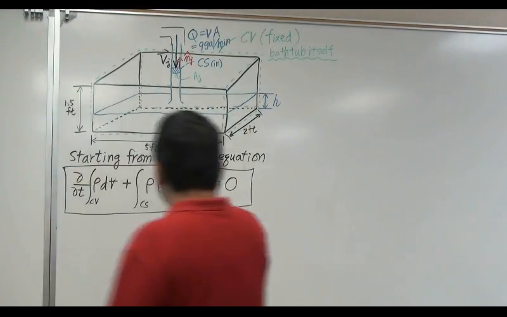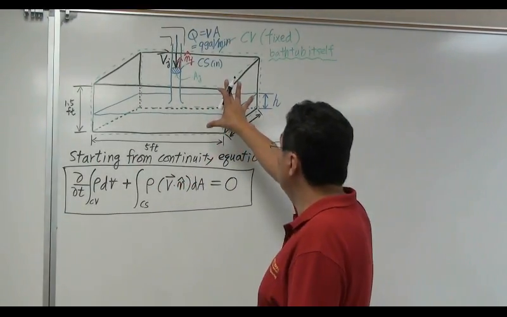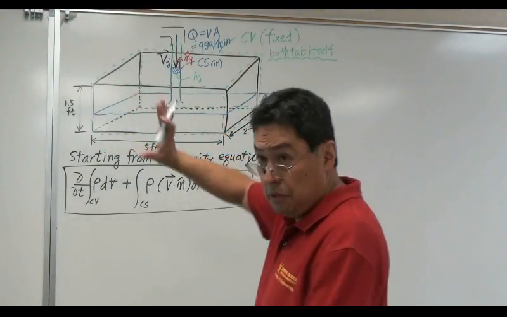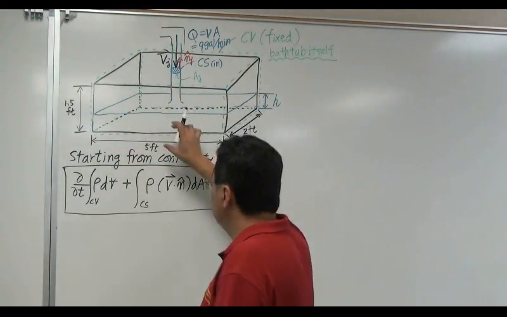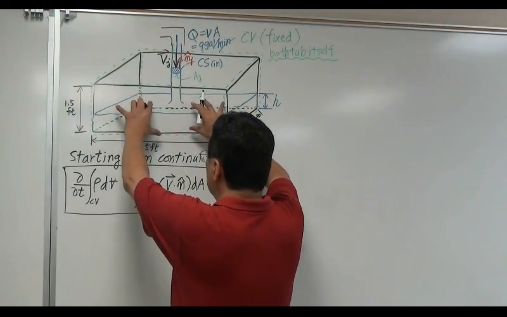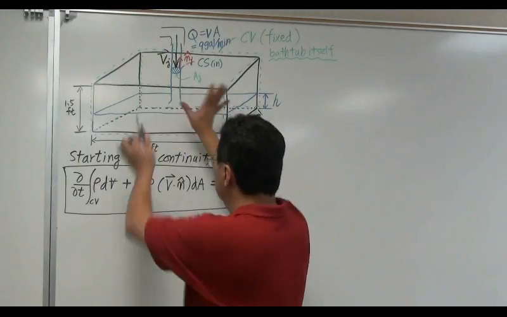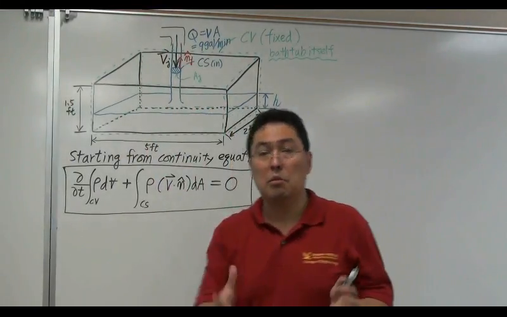So now one thing, since I defined fixed control volume as a bathtub itself, the reality is, as the water gets in, start taking over the volume within the control volume, the air is actually moving out of the control volume also.